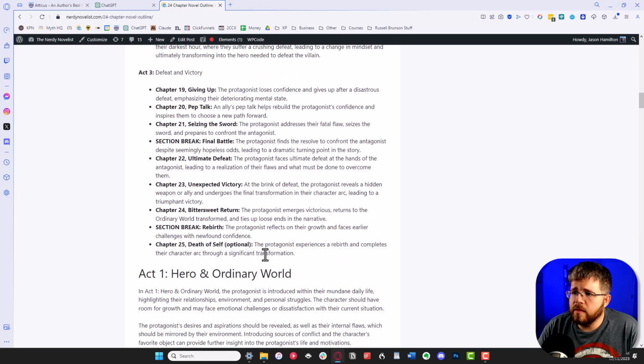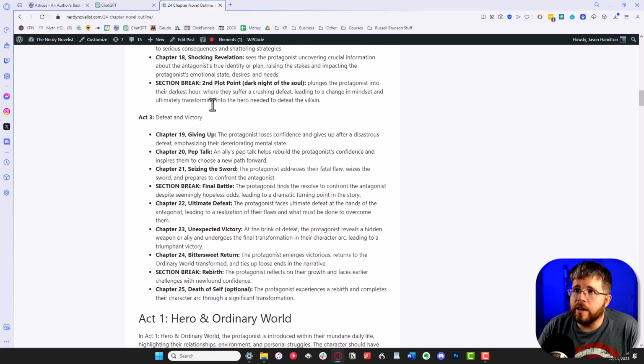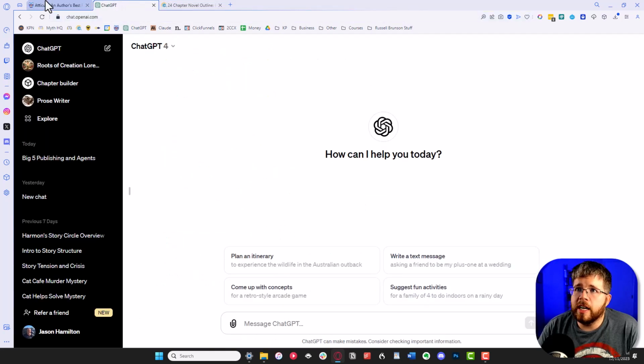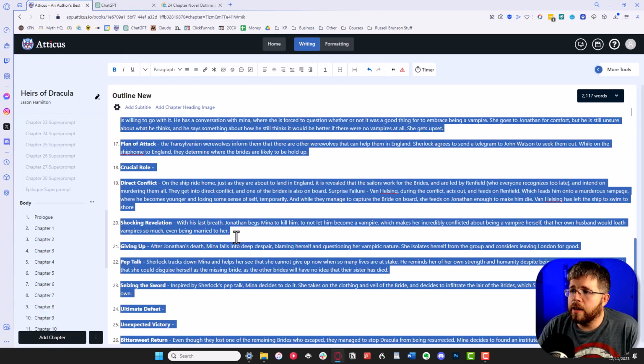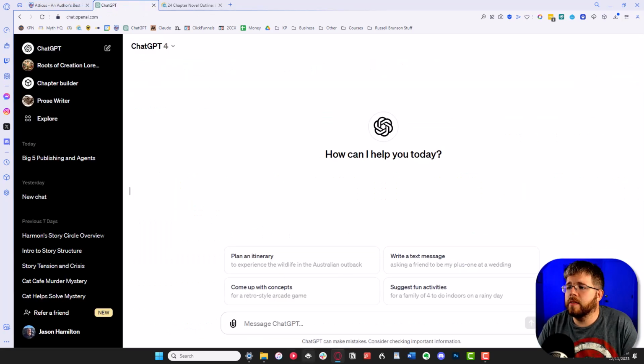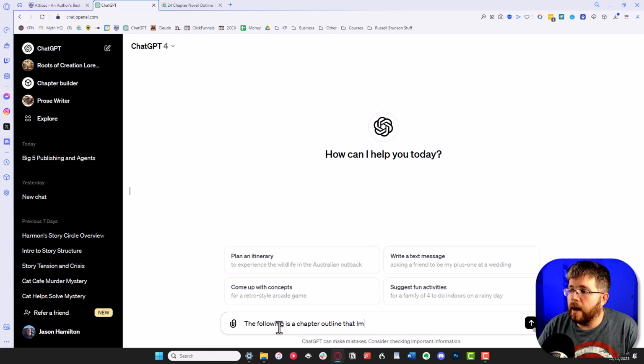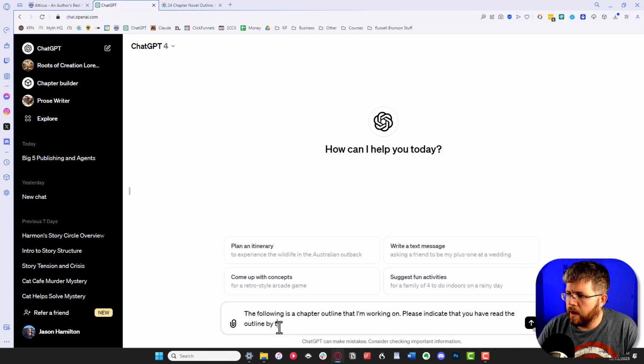And so what we're able to do here is we're going to use ChatGPT to demonstrate. You could do this with Claude, though, if you wanted. We're going to take this outline and say, the following is a chapter outline that I'm working on. Indicate that you have read the outline by typing read. Okay.